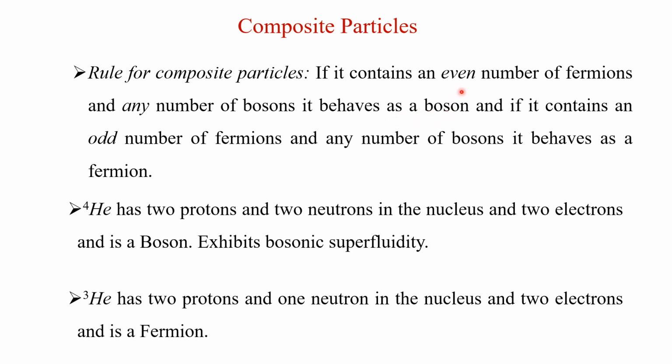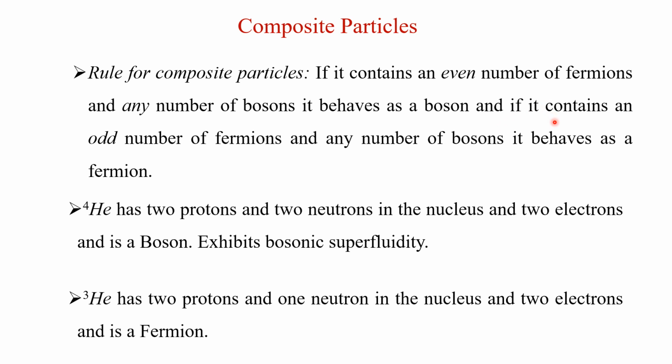So let us take the simple case, 2 fermions, each will have spin half. So if you add both, you will get spin one, which is the behavior of a boson. So if you have two fermions and any number of bosons, then that system behaves like a boson.